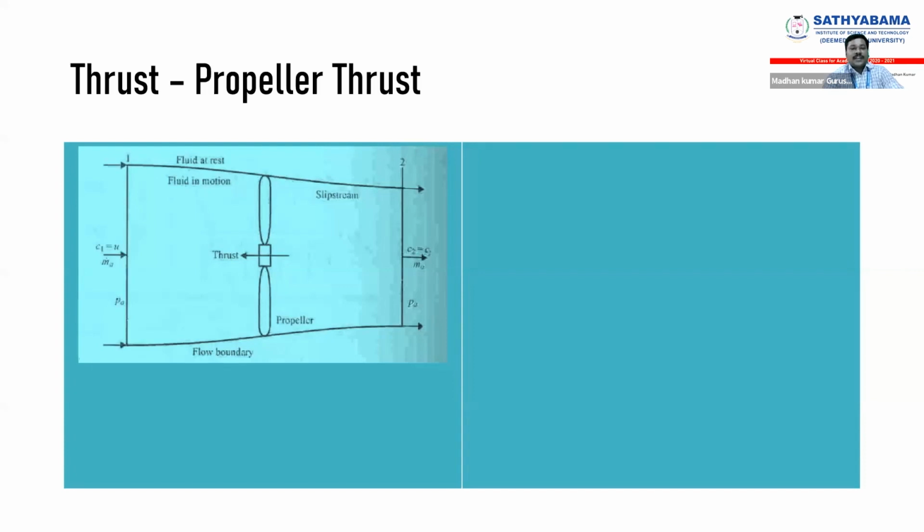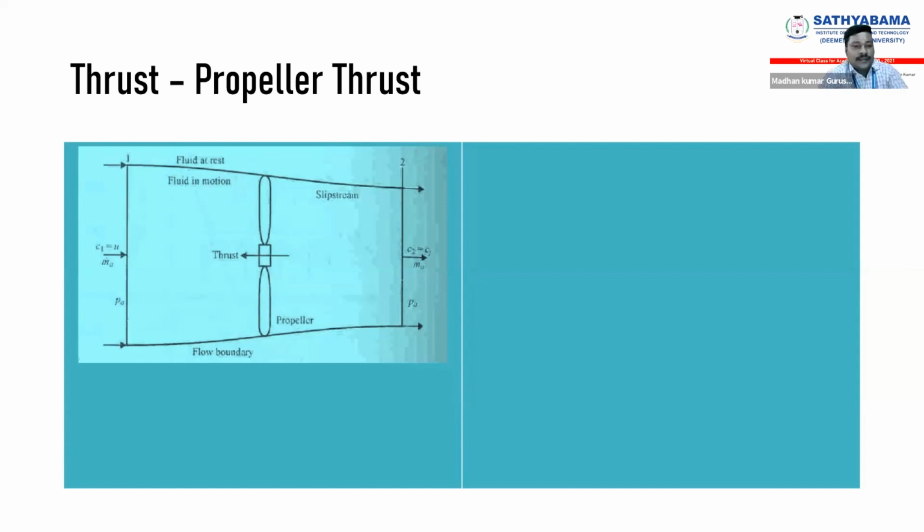So the kinetic energy of the engine is improved by the rotation of the propeller, and we develop pressure differences. That pressure difference brings all the air inside, into the fluid in motion, right?